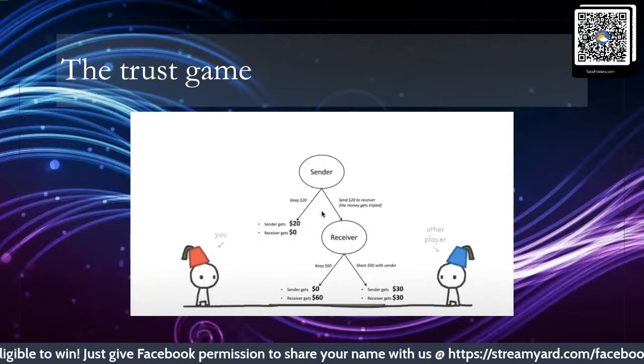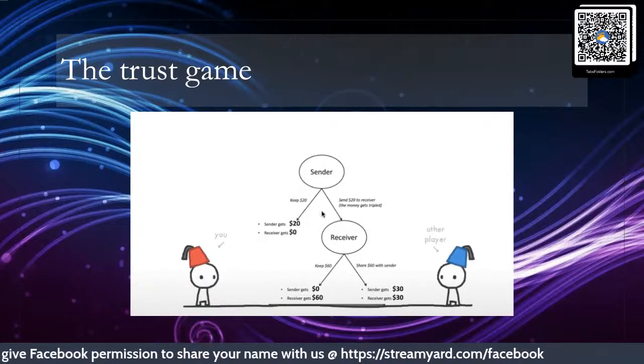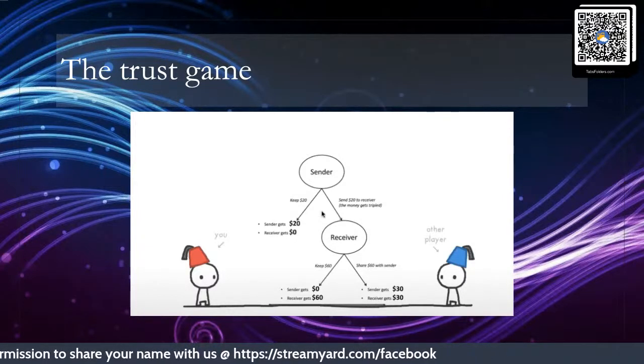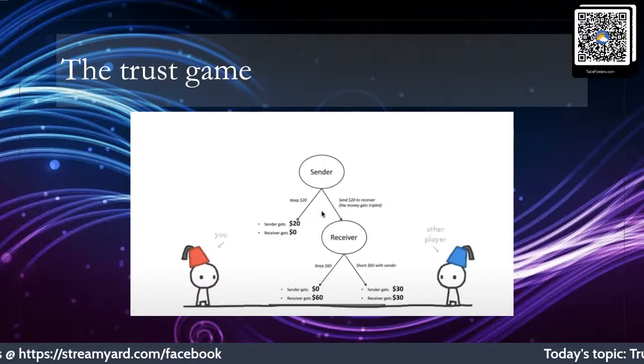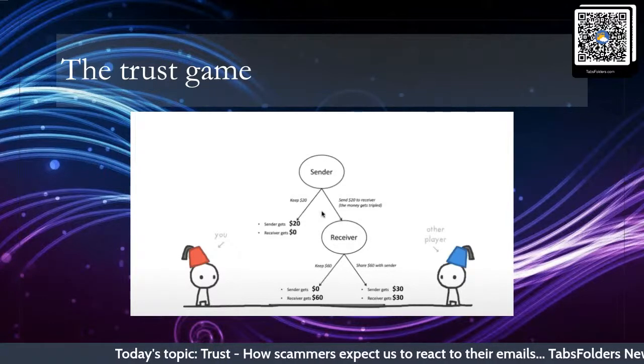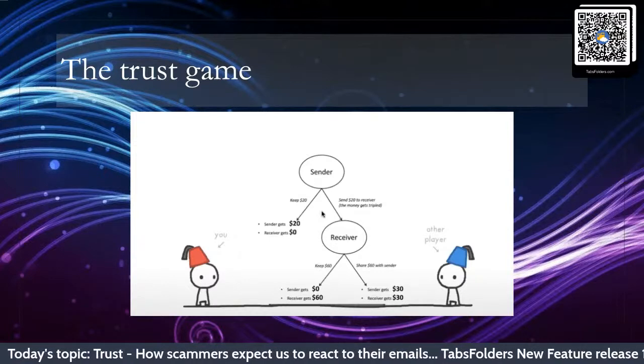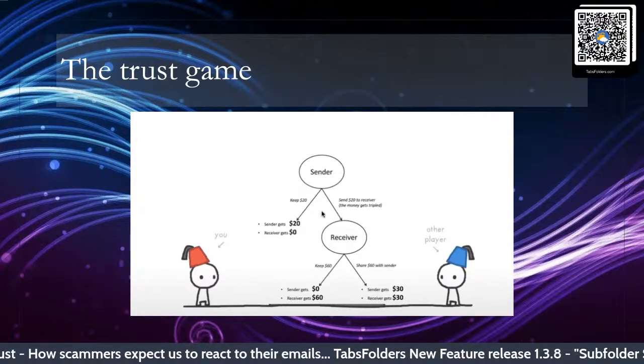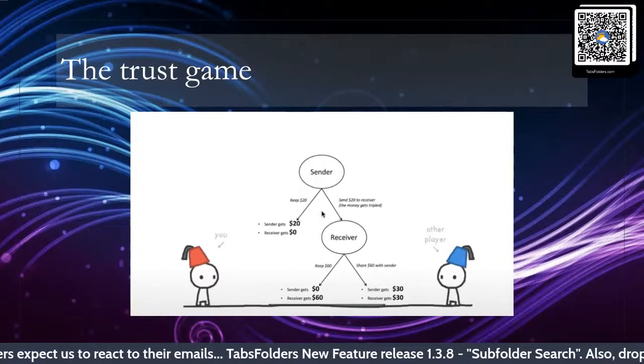So logically, you would say, I don't know the person. Why would I risk sending $20 to that person? Obviously, I could make $10 if they send the money back, but it's a very high risk scenario, and you only gain $10, so you have a chance of losing $20. So logically, it doesn't make sense.